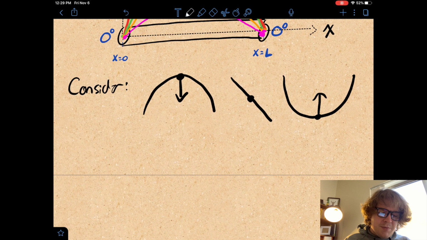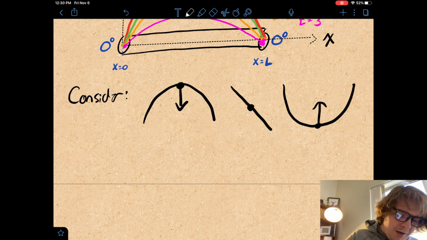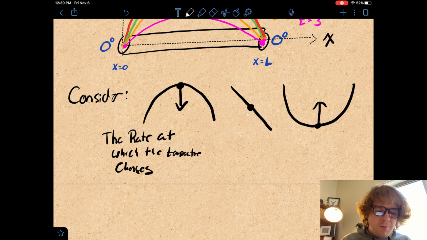So it seems like the way that temperature is going to change is somehow related to the concavity of the graph of the function, right? And in particular, I think it makes sense to say that the rate at which temperature changes is going to be proportional to the concavity of the graph along the x-axis.